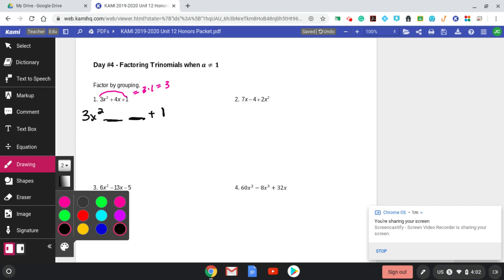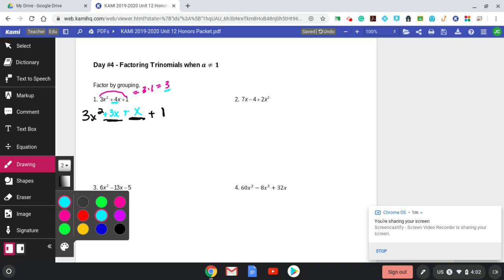I need 2 terms that add to 4x but multiply to 3. Can you figure out 2 numbers that multiply to 3 but add to 4? It's not bad. It's going to be plus 3x plus x.